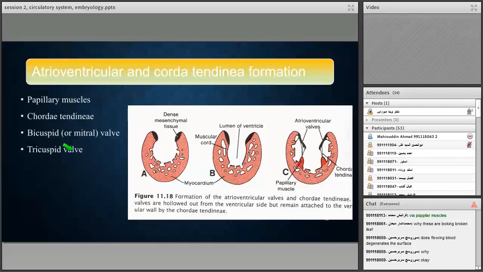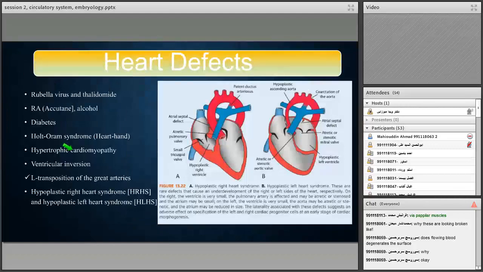Now, before a rest, let's talk about some of the defects which may happen in the heart because of the septums. Okay. Some of the factors which may affect heart formation and septum formation in the embryonic period can be, for example, some viruses like rubella, and also some drugs like thalidomide.